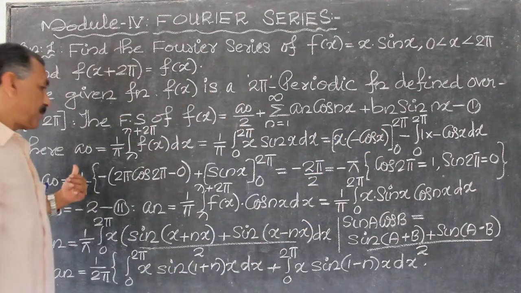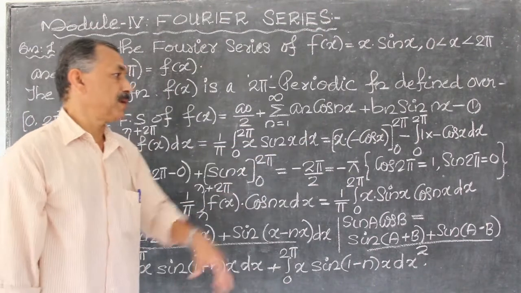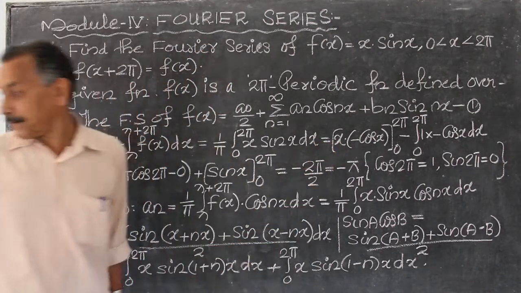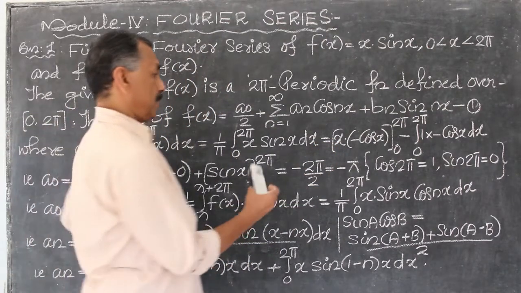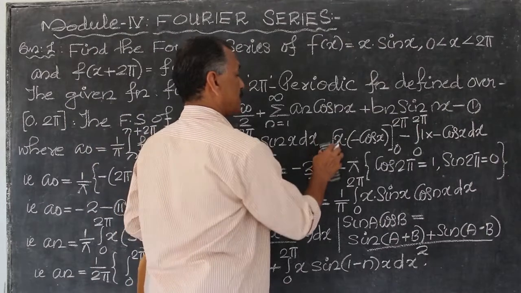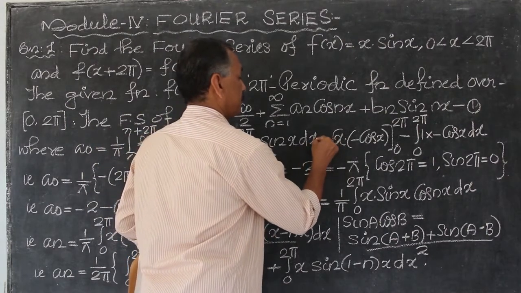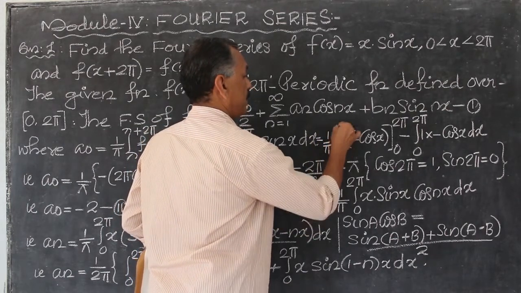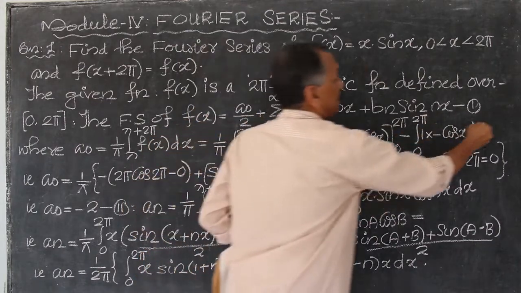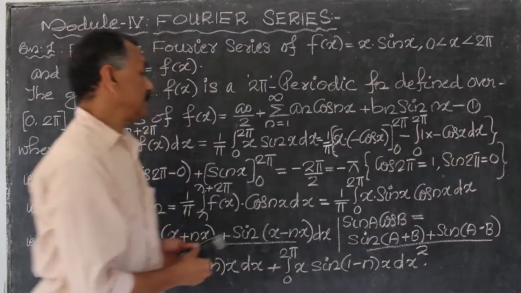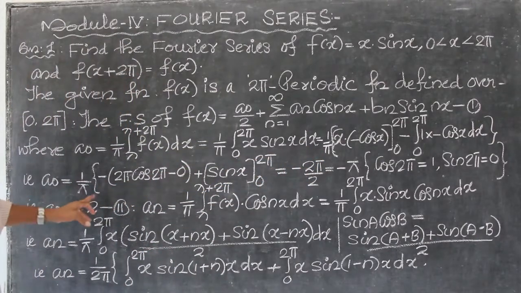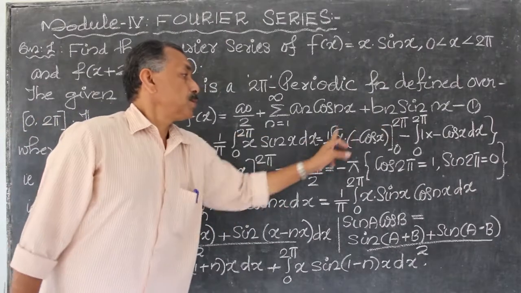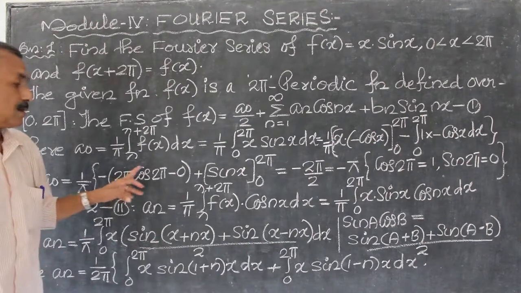That is a0 is equal to 1 by pi into minus 2 pi cos 2 pi.